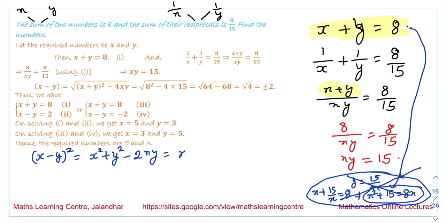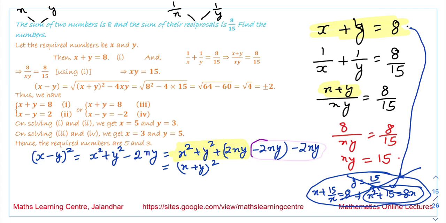Now suppose we write x square plus y square, and we add 2xy and subtract 2xy from this equation. So what we get is x plus y whole square, and this part will become minus 4 times xy.